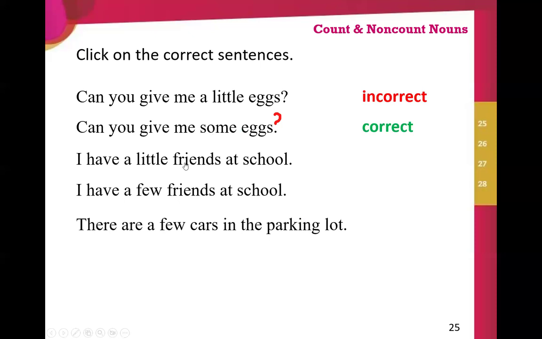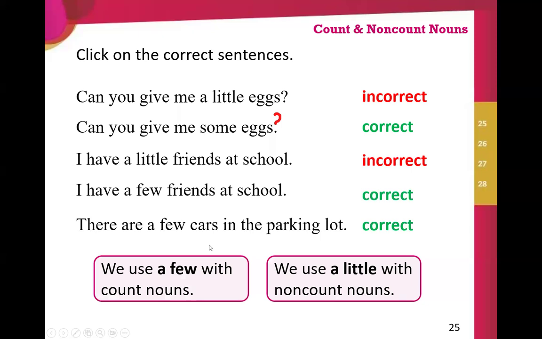Is it correct? Incorrect, because we use little with the count noun. I have a few friends at school. Correct. There are a few cars. Correct. We use a few with count nouns. We use a little with non-count nouns.